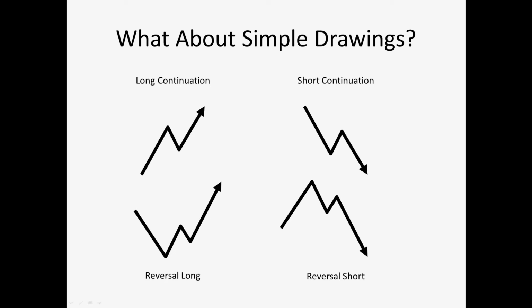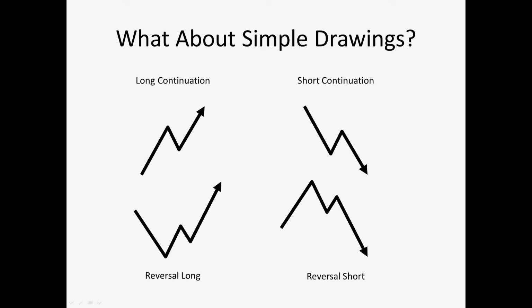So you have a long reversal, the bottom left-hand corner, which is simply a failure, as you can see, of a short continuation. Price moves down, retraces, finds resistance, resumes its move down, but this time fails to make a lower low, so it finds support above the prior support and reverses.